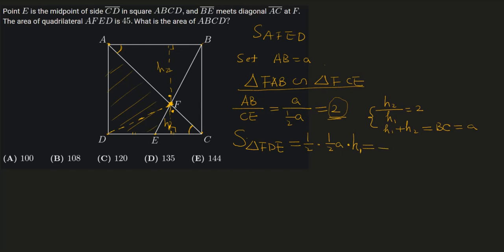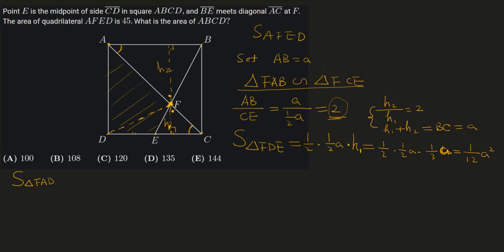So this equals a half times a half of A times a third of A, and it equals 1/12 of A squared. Now let's look at this triangle, triangle FAD.